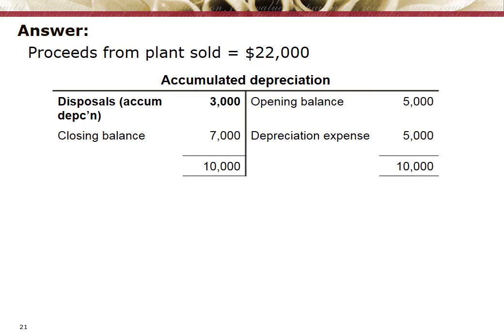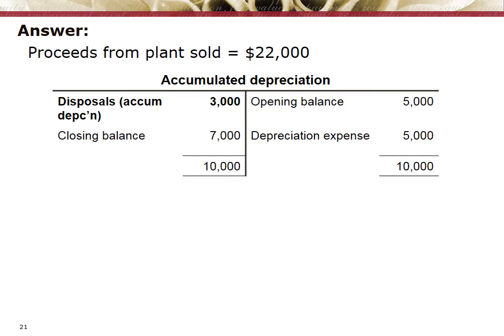The opening balance is a credit of $5,000, as accumulated depreciation is a contra asset account and sits on the credit side. So we put that in first, $5,000. Next we've got the closing balance, which is $7,000, stated in the question. The third step is depreciation expense. When you debit depreciation expense, you credit accumulated depreciation, so we put that on the right hand side.